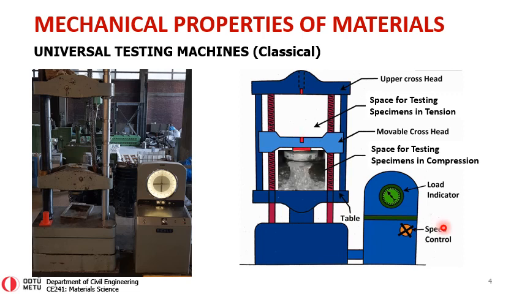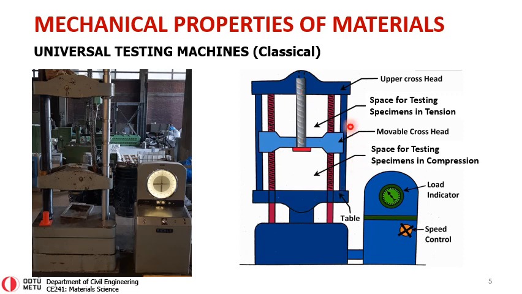If we are testing concrete for compression, which is what we test concrete for most of the time, we put that at the bottom space, and as this crosshead moves down, there will be a reaction force at the bottom, and then we can determine the compressive strength of concrete, for example.